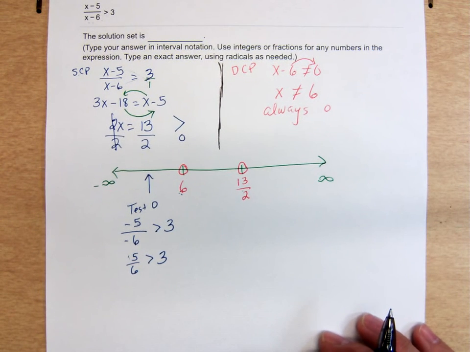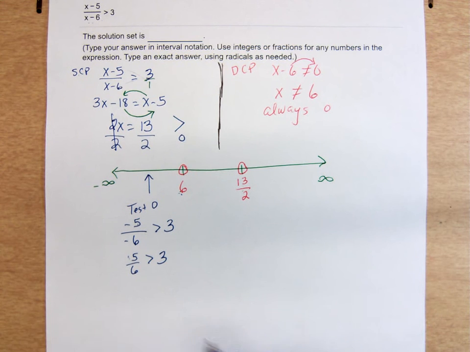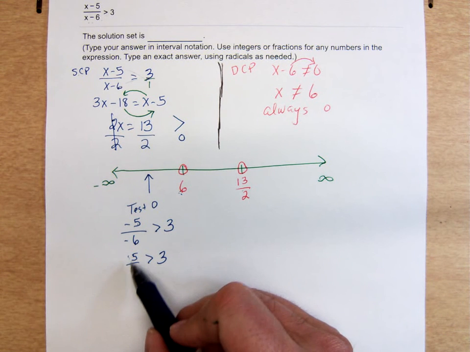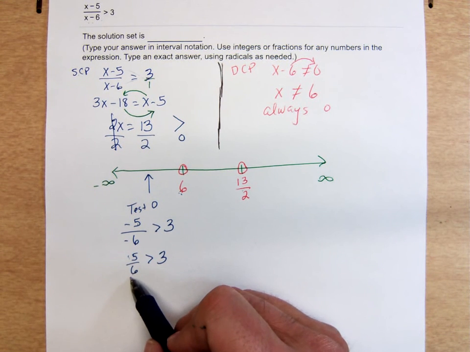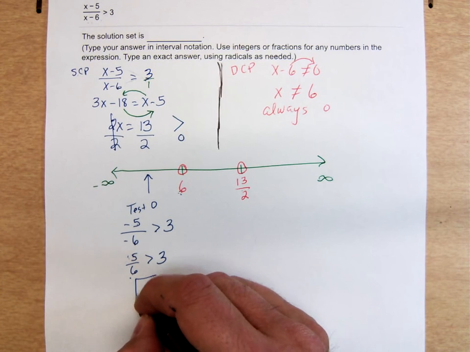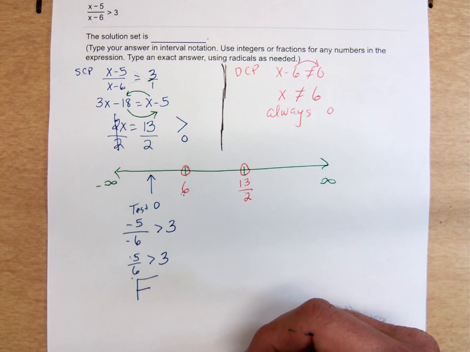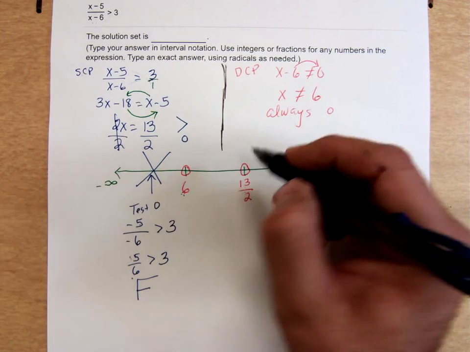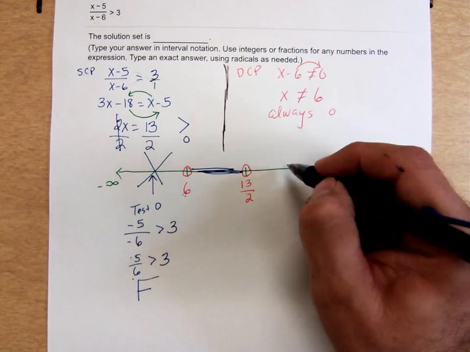Is that true or false? 5/6 isn't even 1, is it? False. Yeah, 5/6 isn't bigger than 3. So false, true, false.